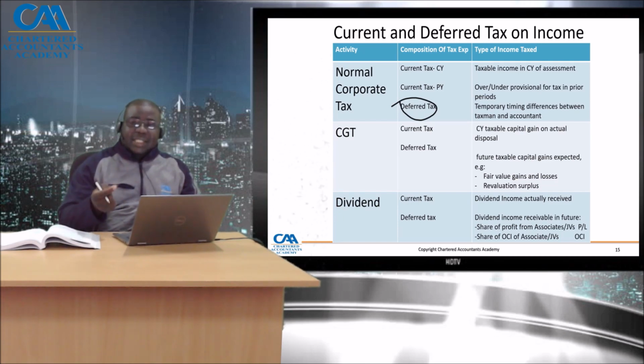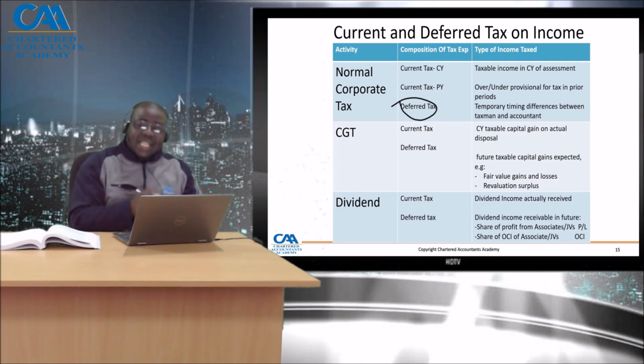Or when you receive income, even though you have not yet delivered the goods or the services, you are taxed. So for that income, the amount that you're supposed to pay to ZIMRA now, that's what we call current tax in the current year.